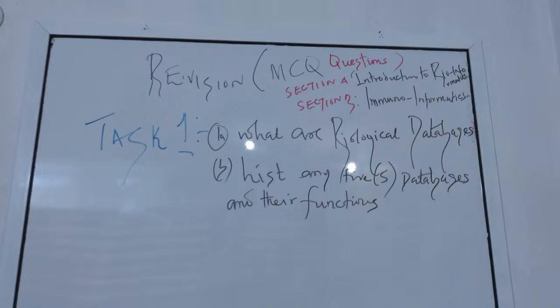Depending on the level of protein that you are interested in, that will help you to know the type of bioinformatics tools that you are going to use in interpreting it.